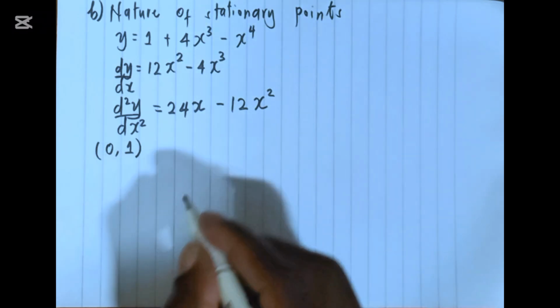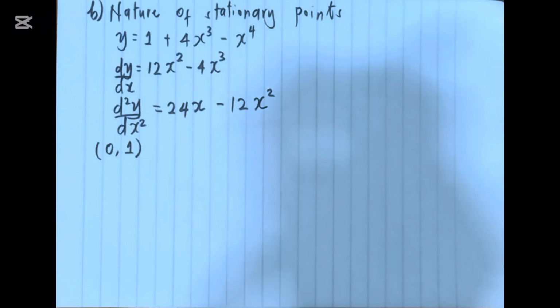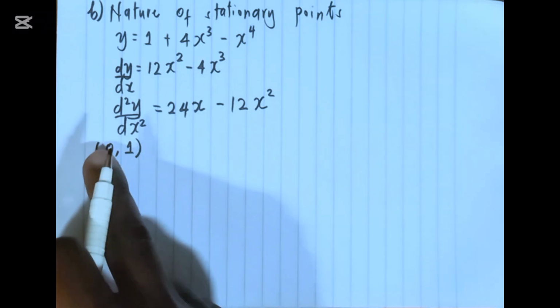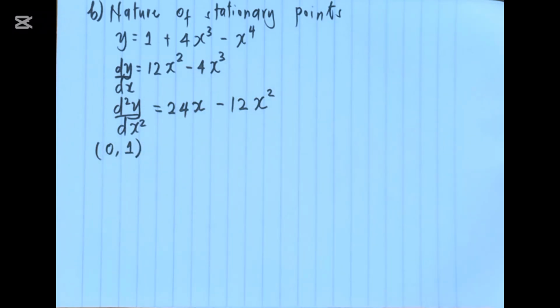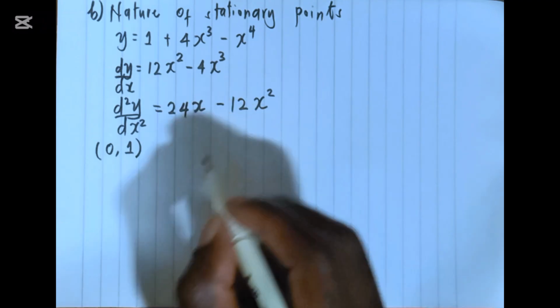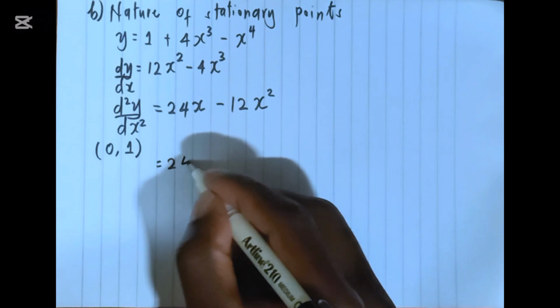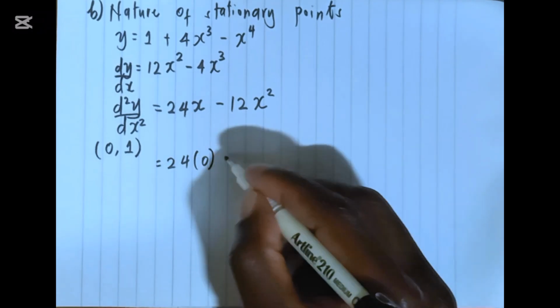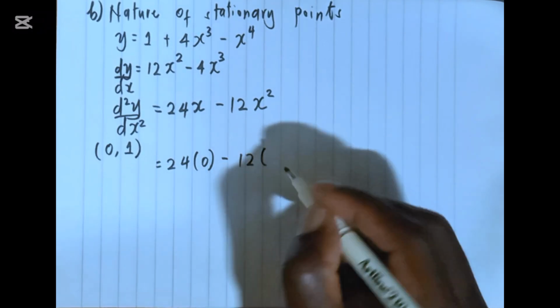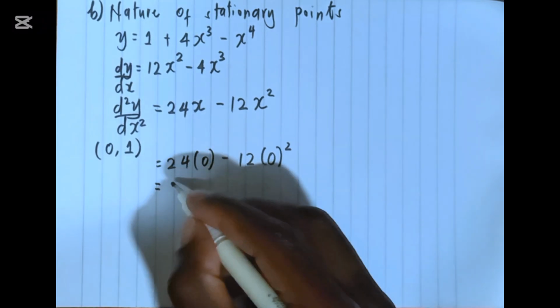To find whether this second derivative is positive, negative, or equal to 0, we substitute the value of x directly into the equation. So we are going to have 24 times 0 minus 12 times 0 squared, and all this will give us 0.